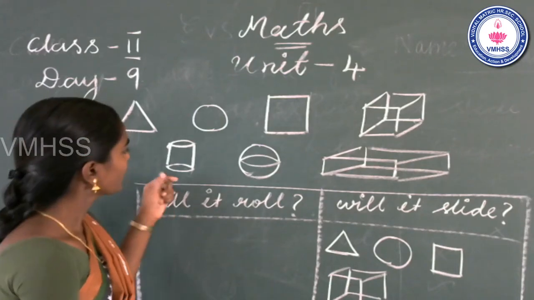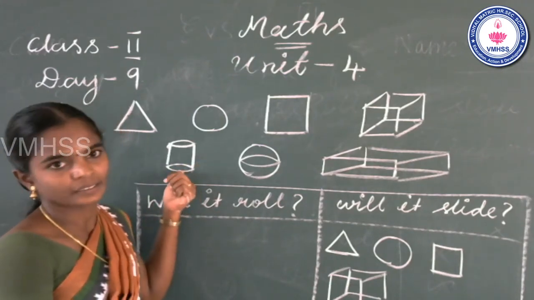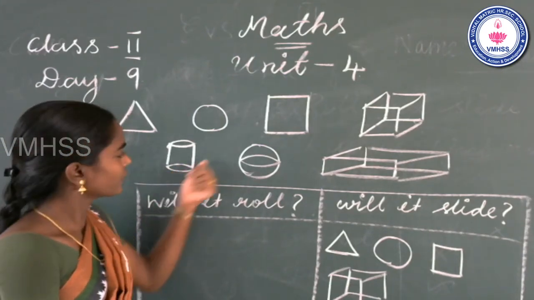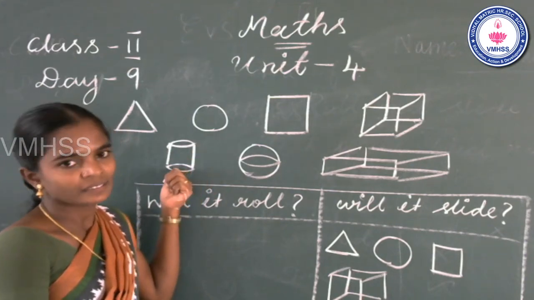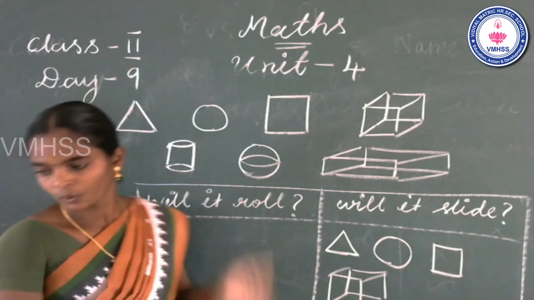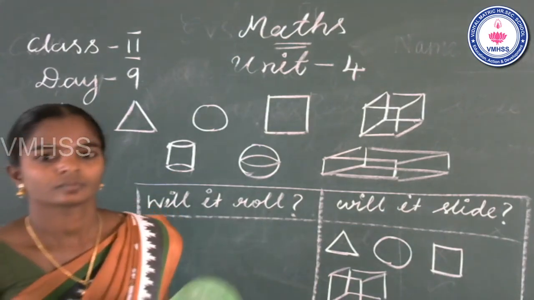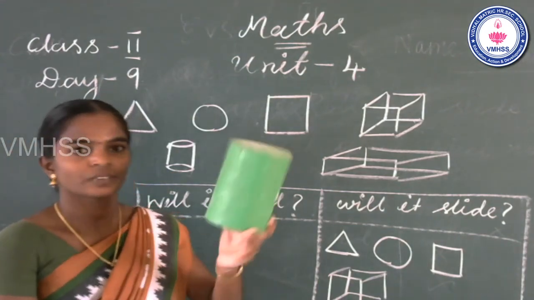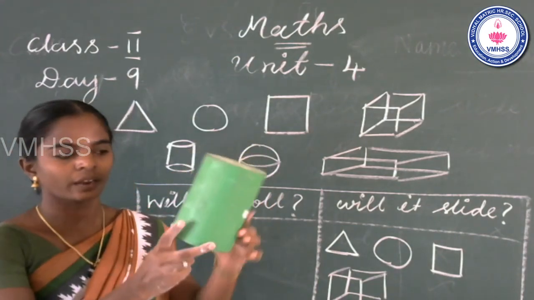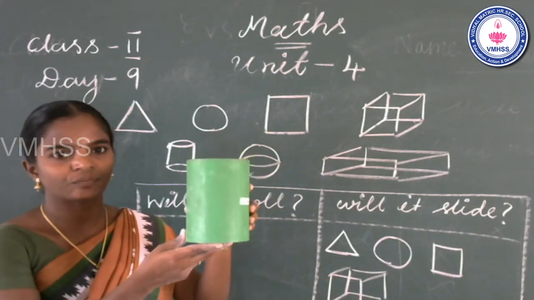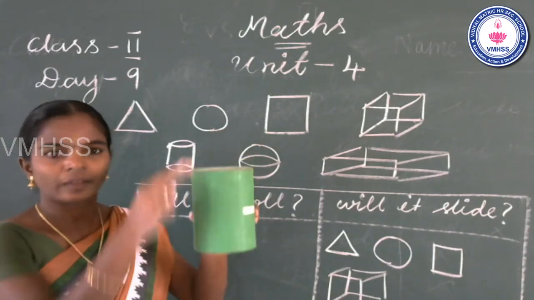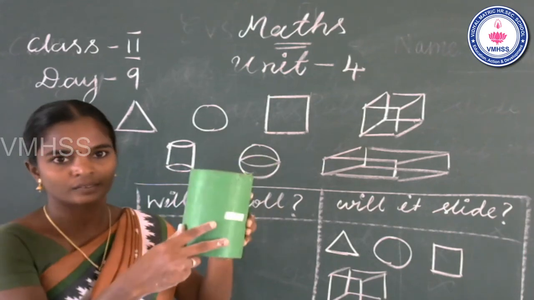Children, next we will take the cylinder shape. Children listen here. Have you seen the cylinder shape? This shape, cylinder, has 3 faces: 2 flat faces and 1 curved face.